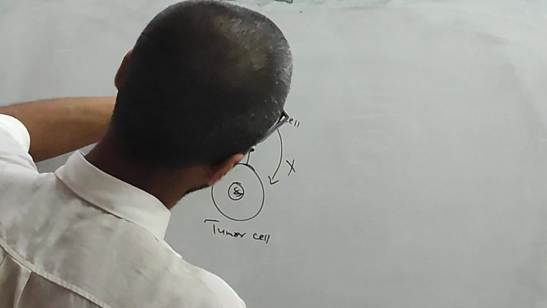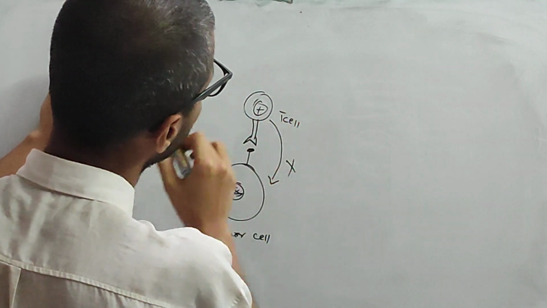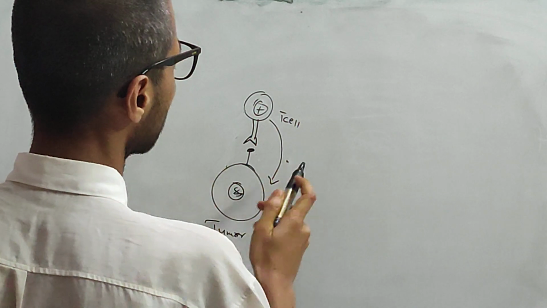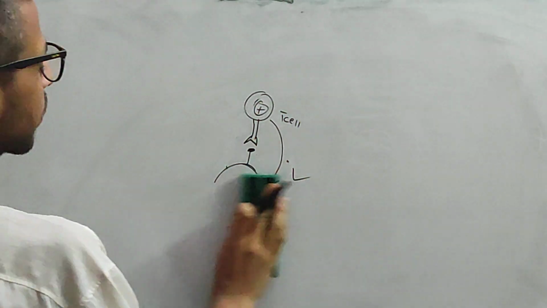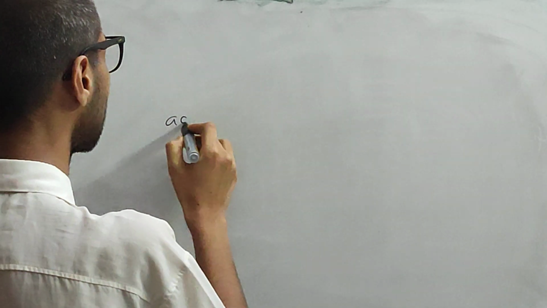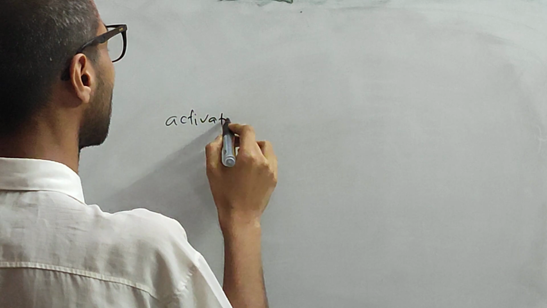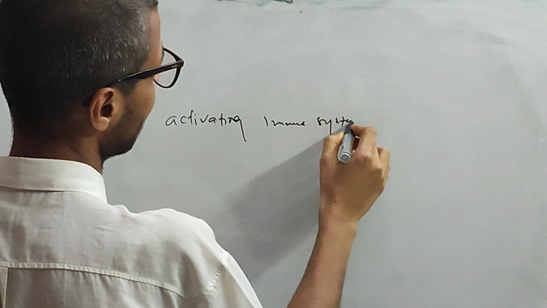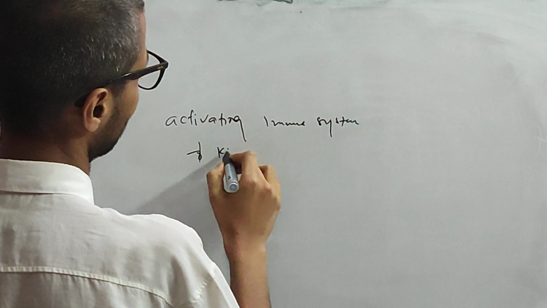The inhibition is halted, and this T cell is activated, and it will kill the tumor cell. That is immunotherapy: activating the immune system to kill cancer cells.